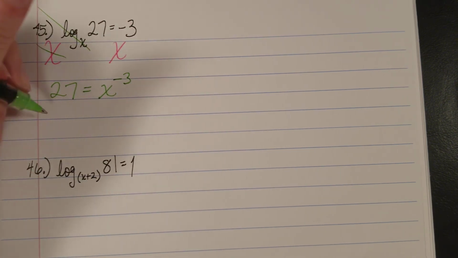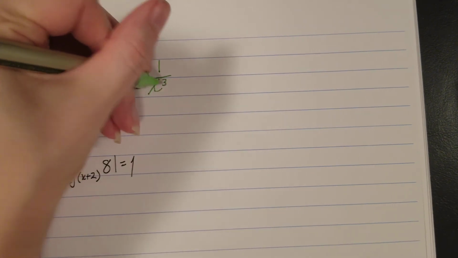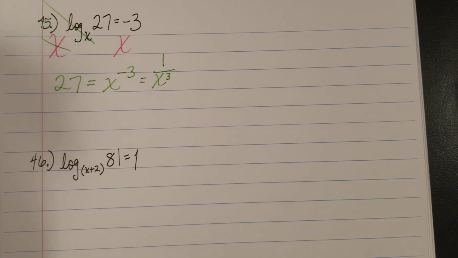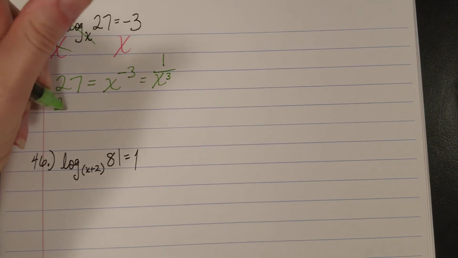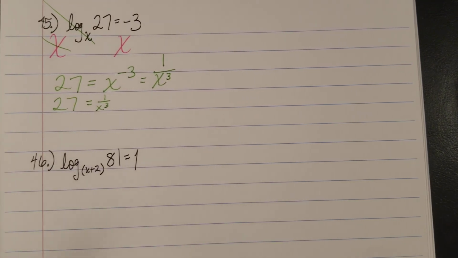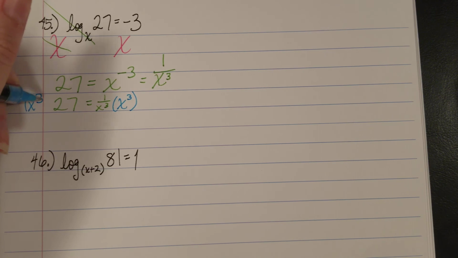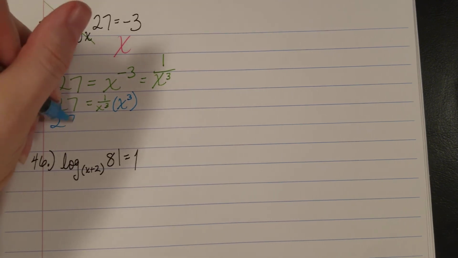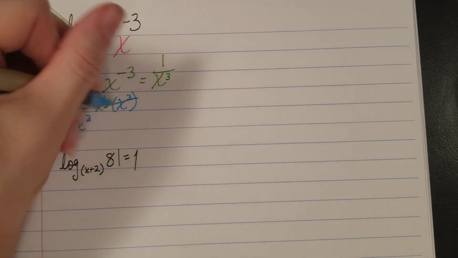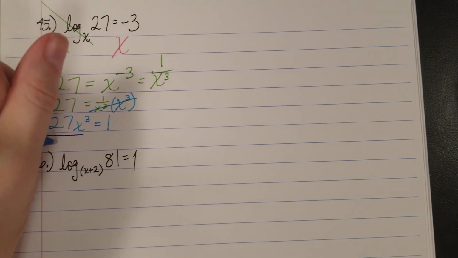Okay, so x to the power of negative 3 is the same thing as 1 over x to the third power. So I would have 27 equals 1 over x to the third power. Now in order to solve for x, I need to get it out of the denominator, which means I'm going to multiply both sides times x cubed. So I'm going to have 27x cubed, and that's going to cancel out, so that's going to be equal to 1.